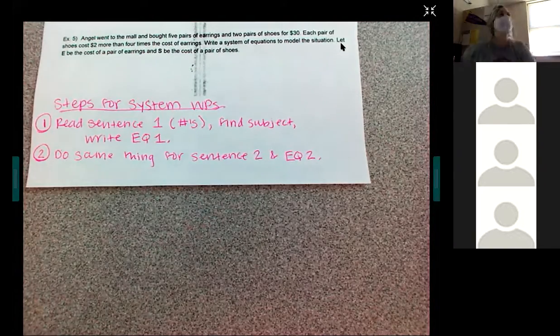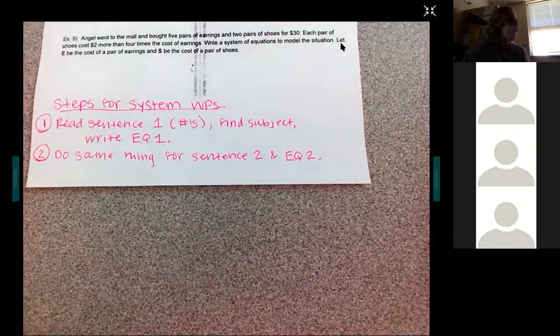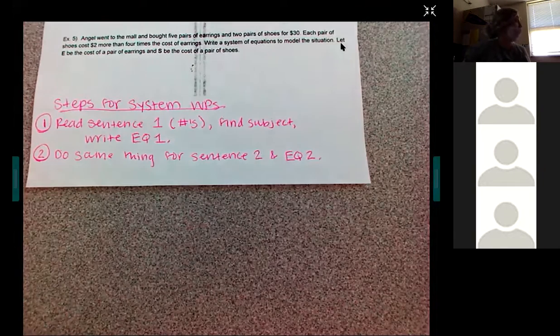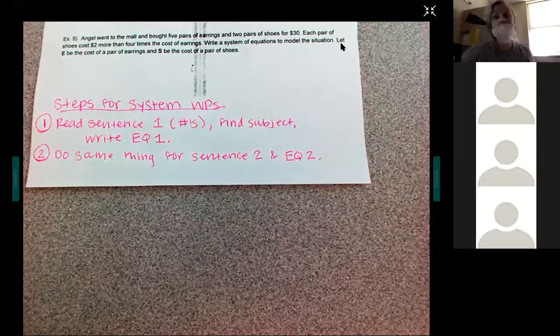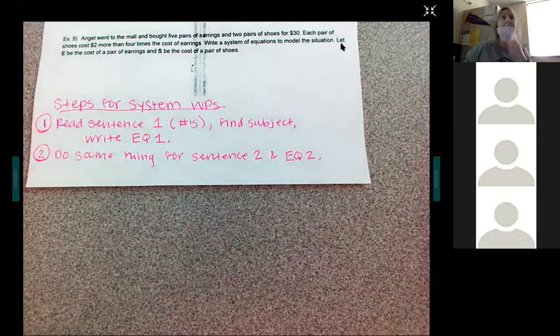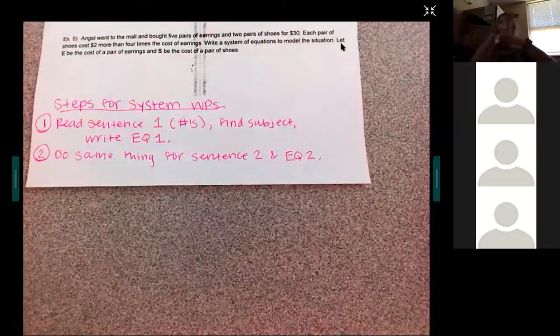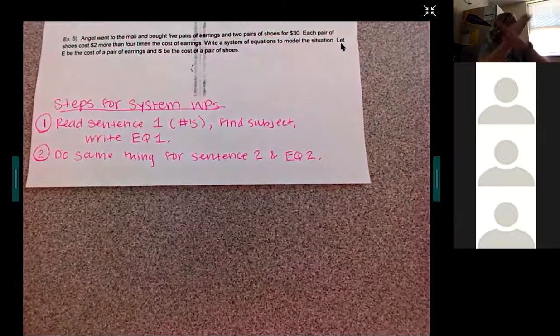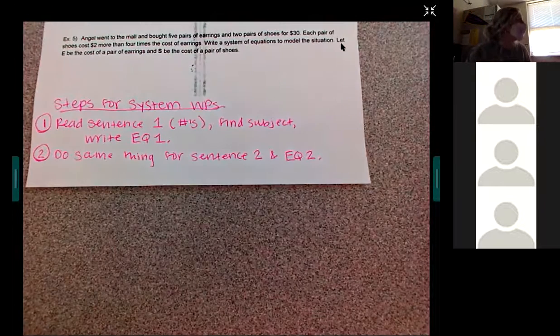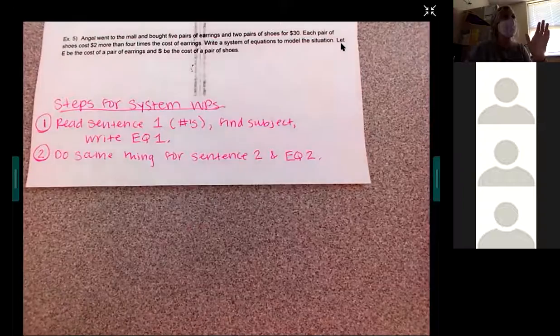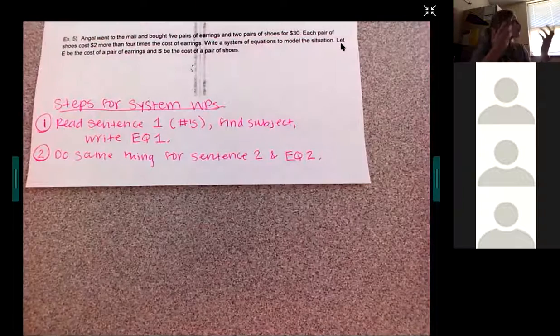All right, now let's talk about it, because I told y'all that we're doing systems word problems in what today? In Desmos. So once you have your 2 equations, where do you go put them? In Desmos. A system, we're looking for where the 2 lines do what? Meet or intersect. So after you have your 2 equations, you're just going to put them in Desmos and look where they intersect or touch.